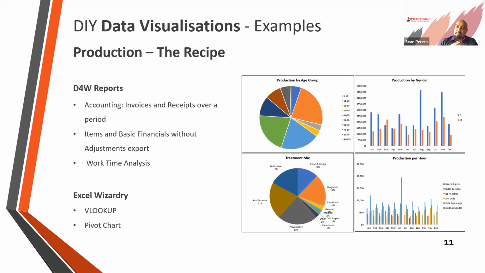So once again, these are just examples. So production by age group, production by gender, production by treatment type, production per hour. So there are so many other things that you can do.